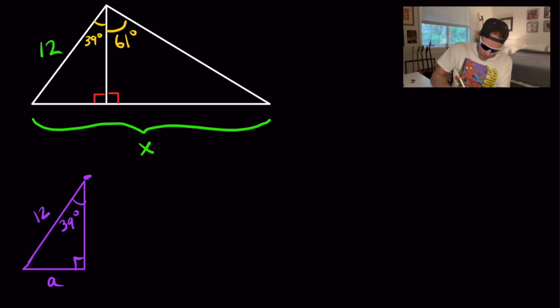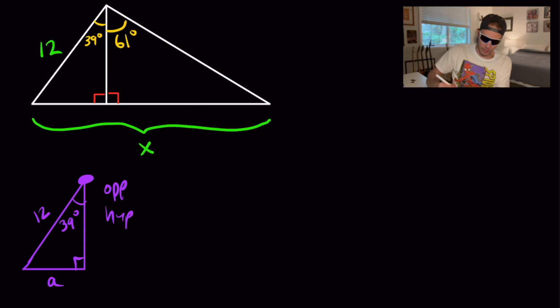Well, always start with the angle that's given, so 39 degrees. And relative to that angle, what sides are we given, or what sides are we working with? Well, I'm working with the opposite side, so definitely opposite. And then this 12, that's the hypotenuse. So I have opposite and hypotenuse. Which of the SOH CAH TOAs use those two?